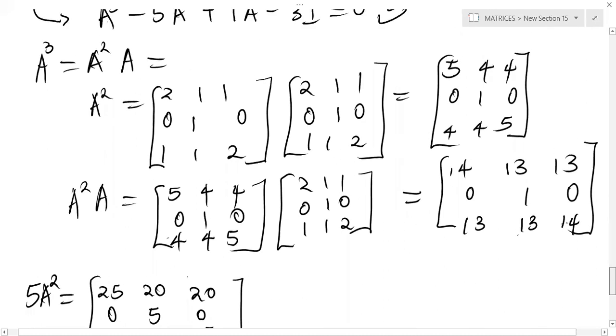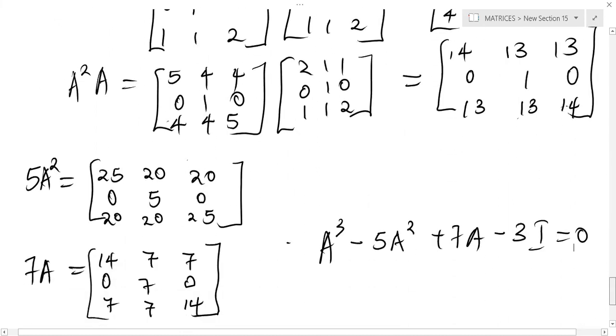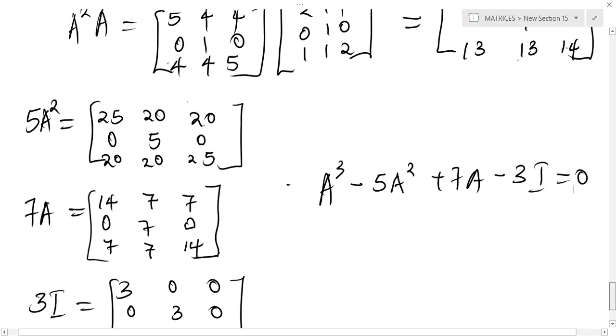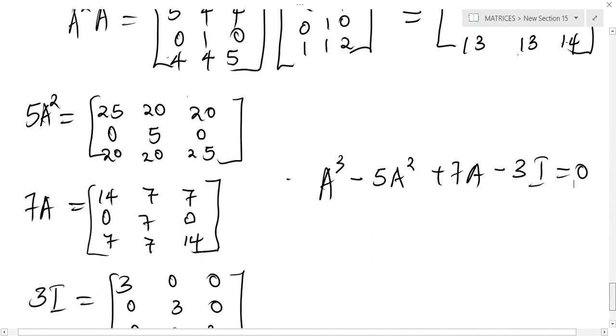So our A cubed in the first position is 14. So 14 minus 5A squared, 14 minus 25 plus 14 minus 3. That obviously gives us 14 minus 25 plus 14 minus 3. So 14 plus 14 will give us 28. 28 minus 25 will give us 3. 3 minus 3 will give us 0.